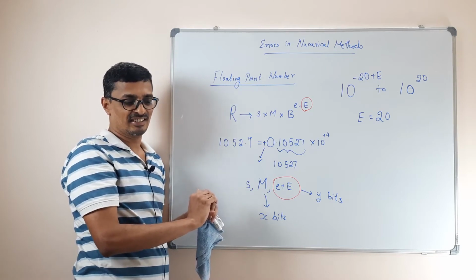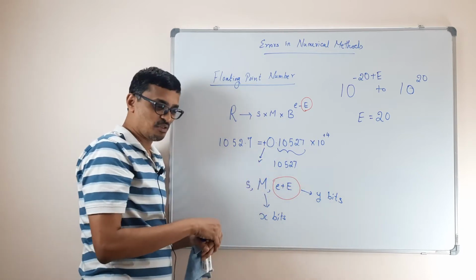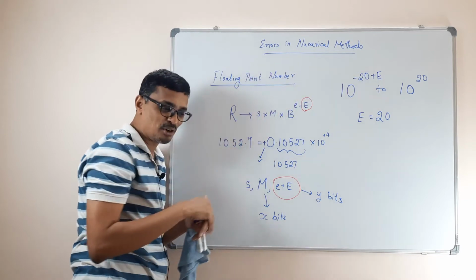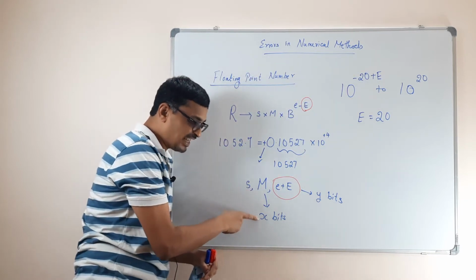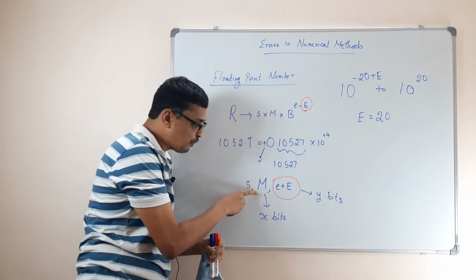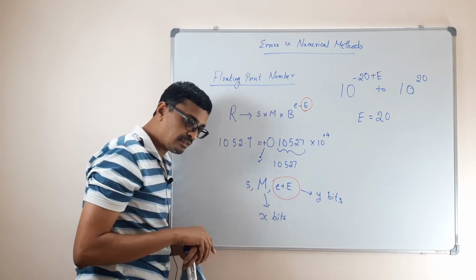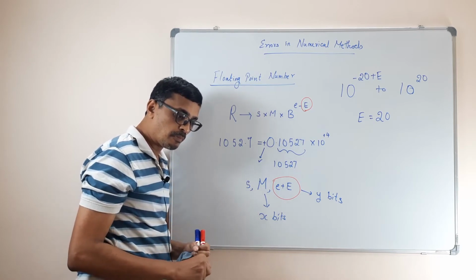Why? Right, because the exponent, y, is the one that decides the smallest and the biggest number. Correct? The computer will convert it into its own representation, so that's why y will be the one to decide.